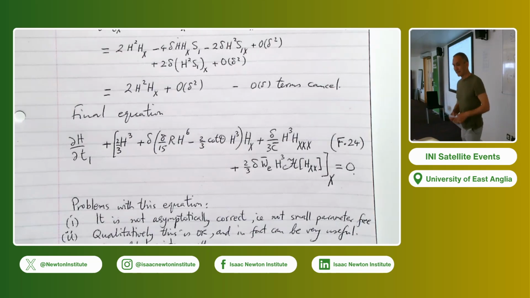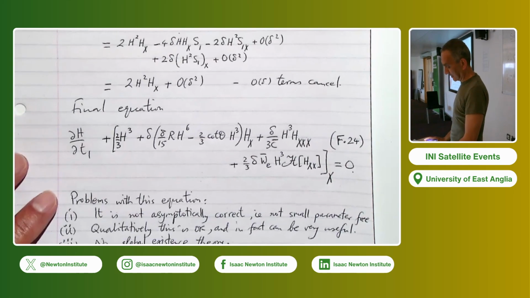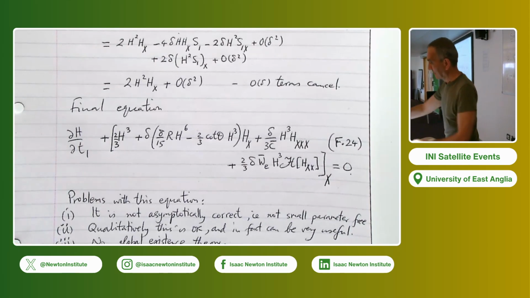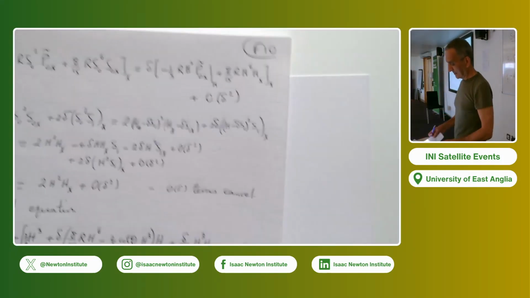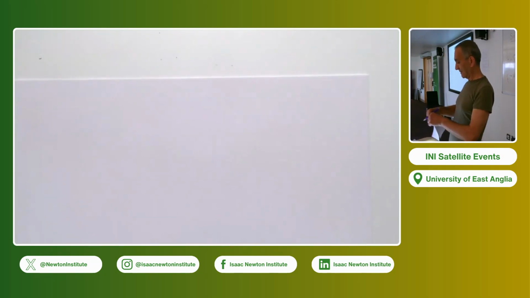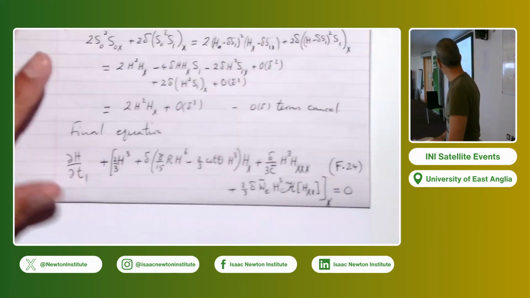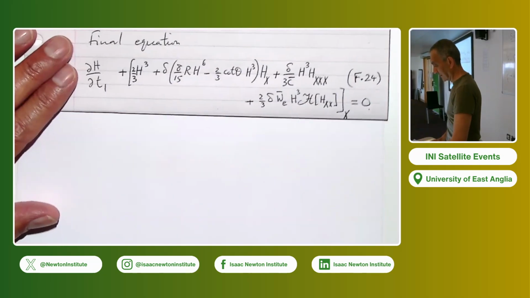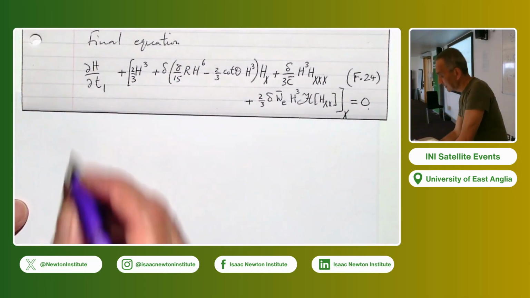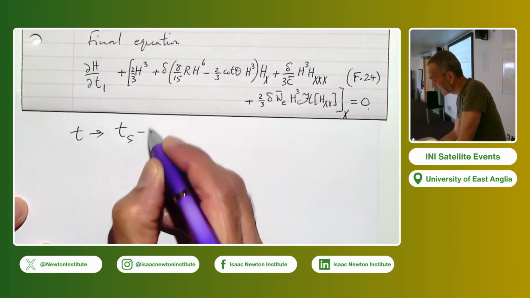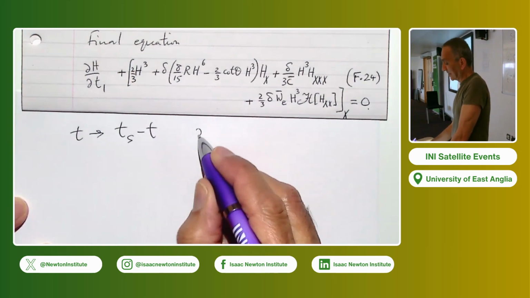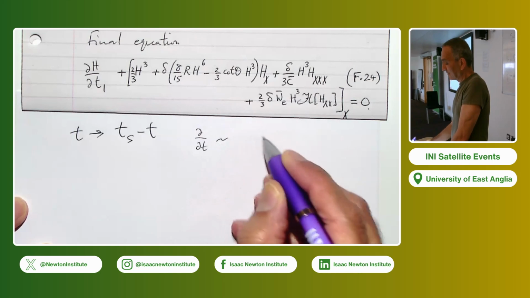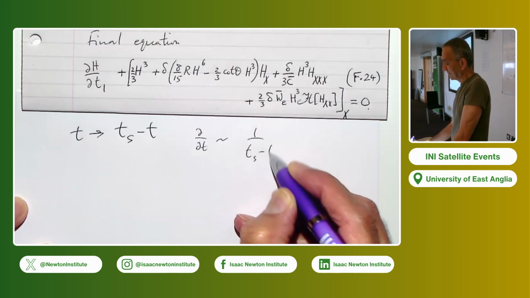I'll just write it down, I guess. Okay, you can see that, right? So if I go to this equation, as t tends to ts, with ts minus t from above, right? Then d by dt, does everyone agree, will look like this?